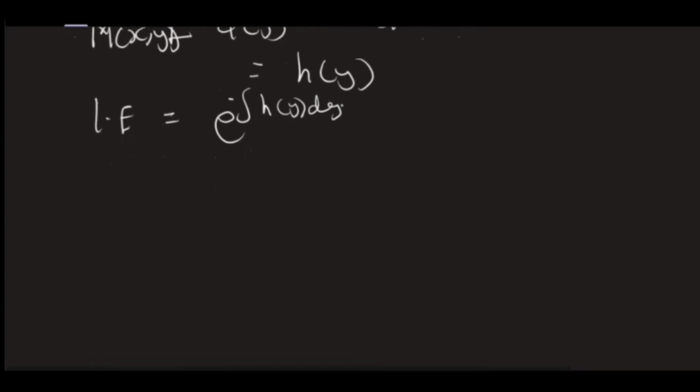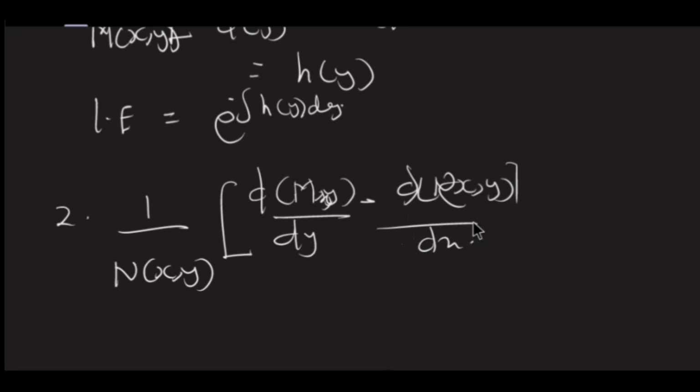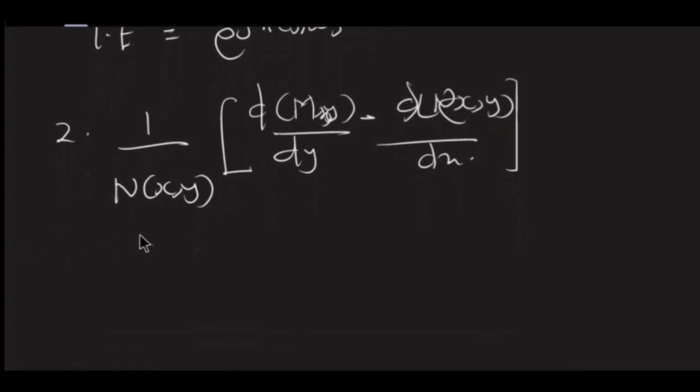The second part is saying that when you take 1 over N of xy, that is the function attached to the dy, multiplying this expression, d of M of xy over dy minus d of N of xy over dx, once this expression is simplified, it is expected to get a function in only x, that is g of x.